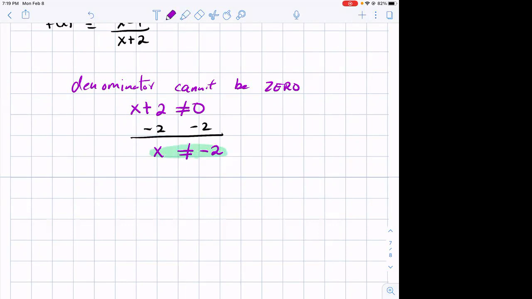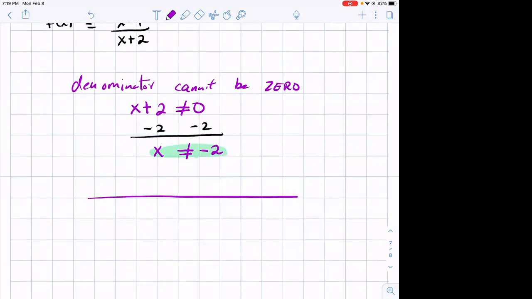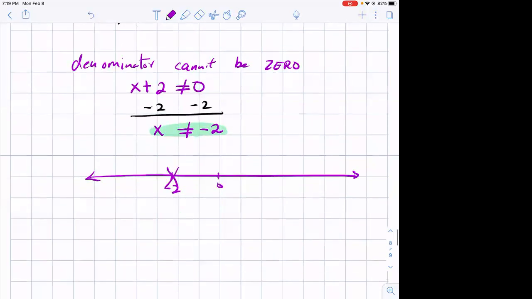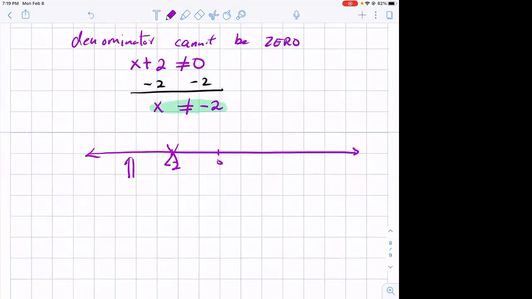So if we look at the number line and we take out negative 2, what's left on that line? Well, on this side here, we will have from negative infinity to negative 2, parentheses, negative 2 is not included. And on this side here, we will have from negative 2 to positive infinity. And by unioning it, that brings it together, which we've also seen when we solved inequalities.